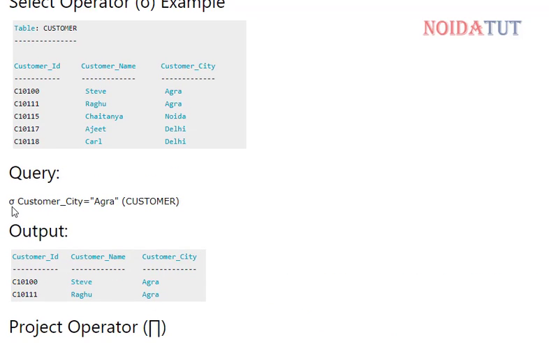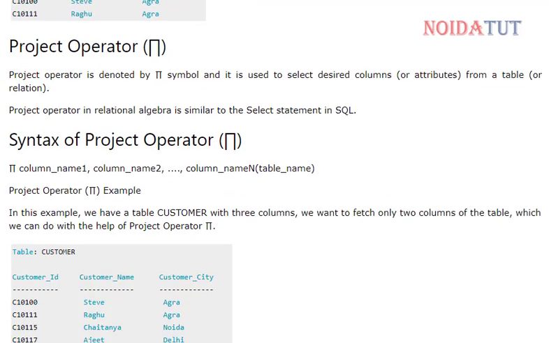This is going to select all the customers whose city is equal to Agra. Now you can see that this row and this row have the customer city as Agra. So this is going to display these two values. This is what the select operator or sigma operator refers to.